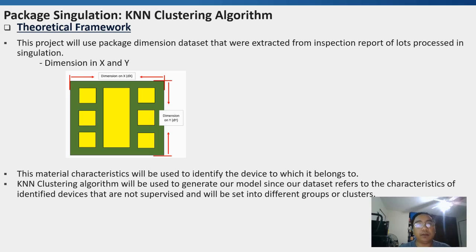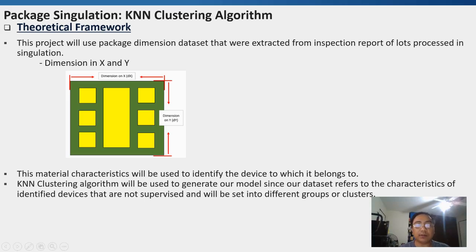So for the theoretical framework, this project will use the dimension datasets that we extracted from the inspection report of the lots that were processed in singulation. We're going to use the dimension on X of the package and dimension on Y, which is equivalent to the length and the width of the device.